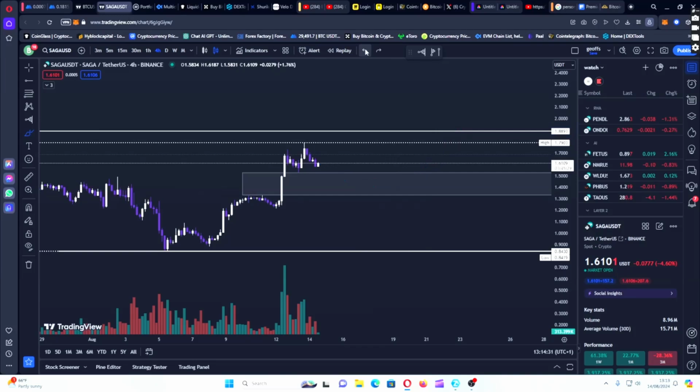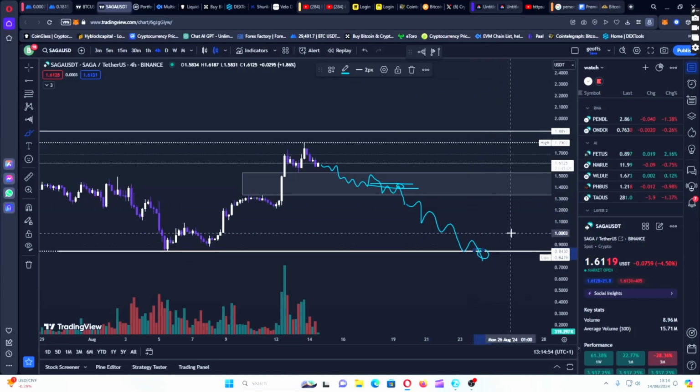Another scenario for Saga, if we start to come down and then invert that, creating a bearish fair value gap around this area, there will be your entry. And then we're going to be looking at the lower levels down here to take out that at 8430. But let's see how it plays out.